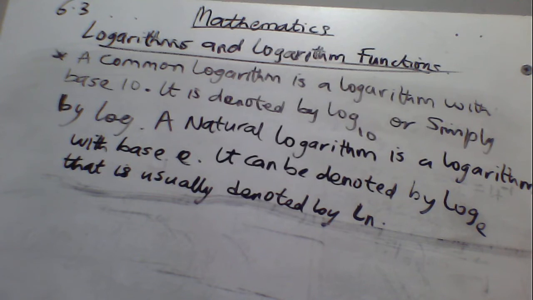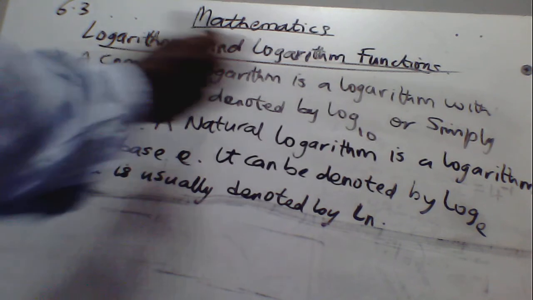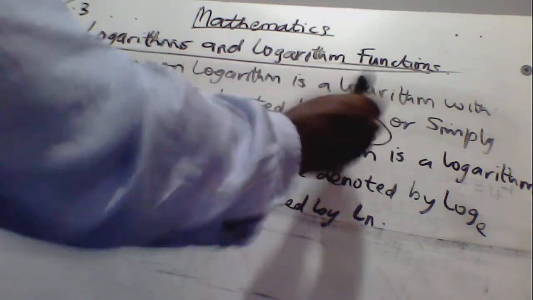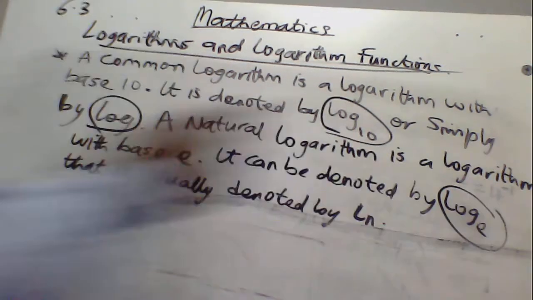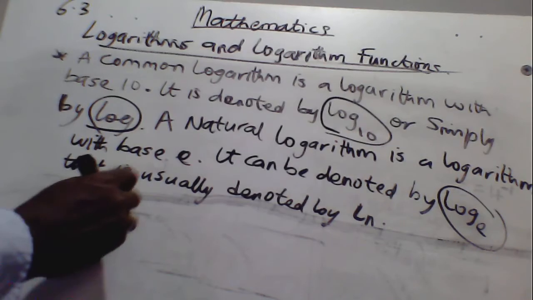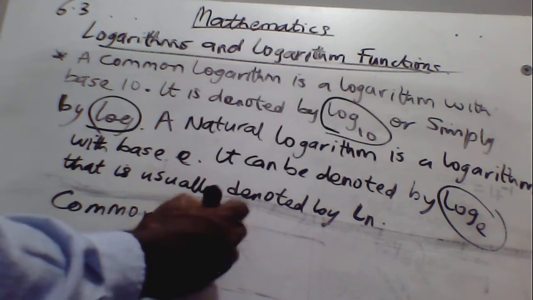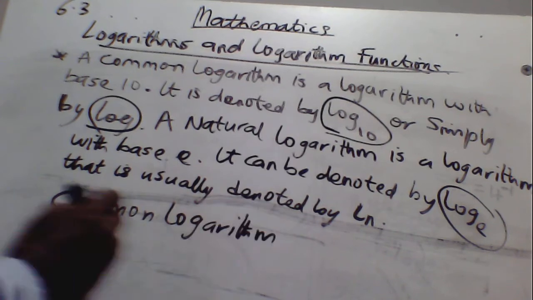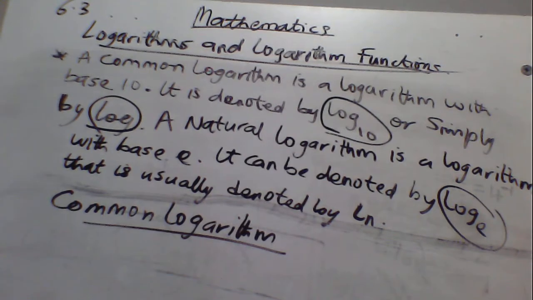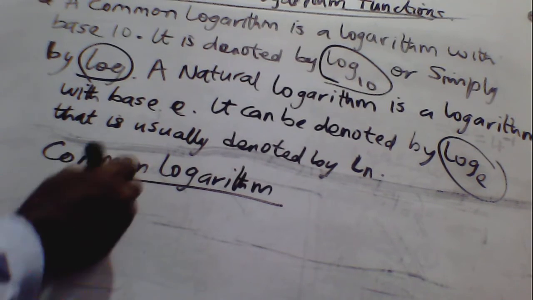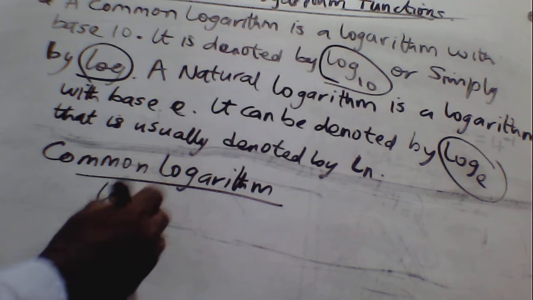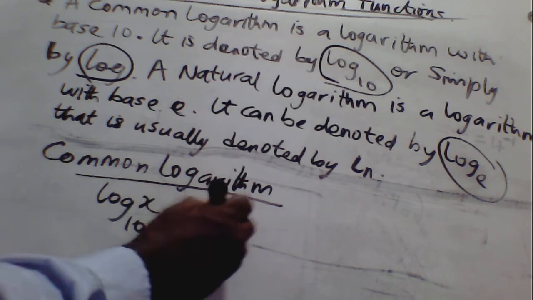So let's see how it looks. A common logarithm is always in this form, in base 10, or can be written as just log. A natural logarithm is a logarithm with base e, always in this form. So log x to base 10 is the same as log x.